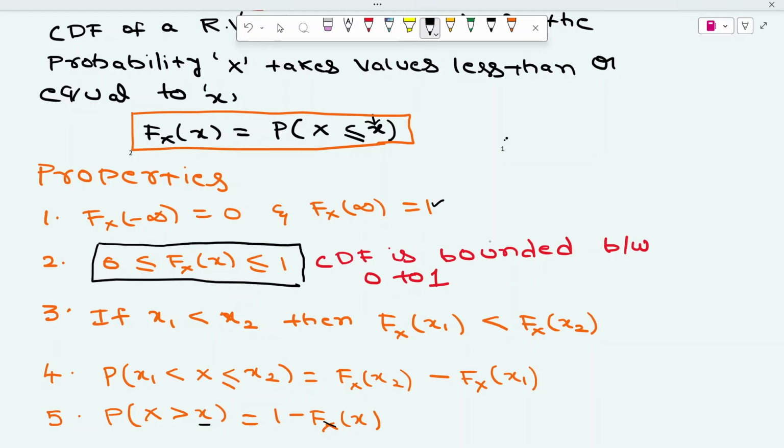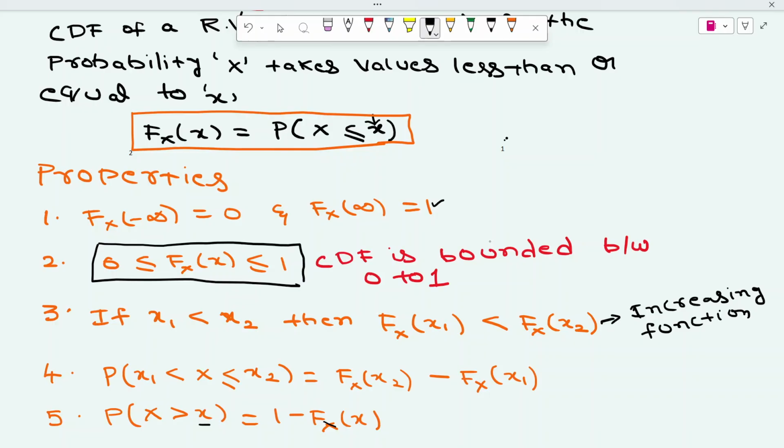Because of these limits the CDF is always bounded between 0 and 1. Second, if x1 is less than x2, then Fx of x1 is less than or equal to Fx of x2, which indicates that the distribution function is always an increasing function.